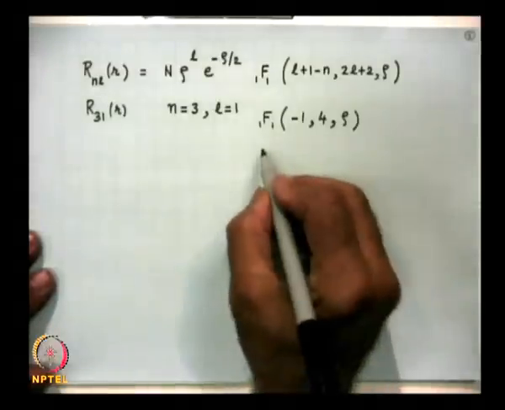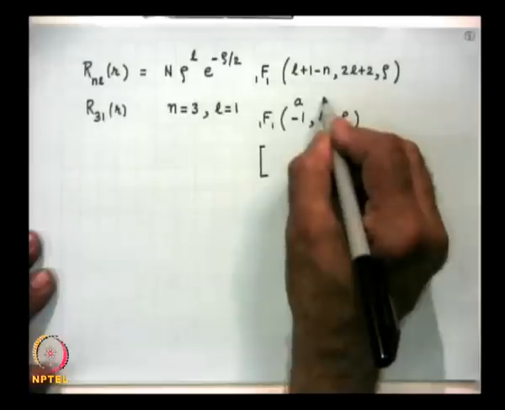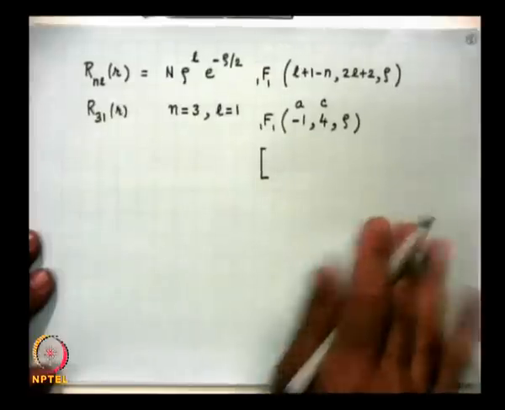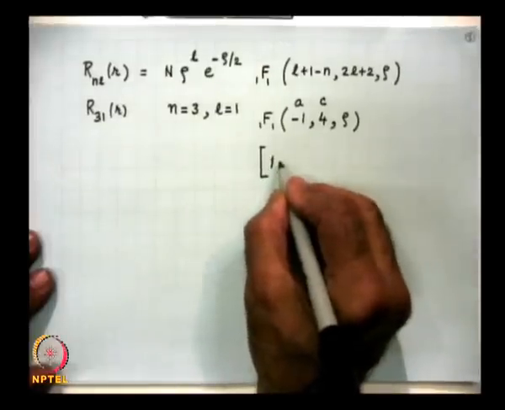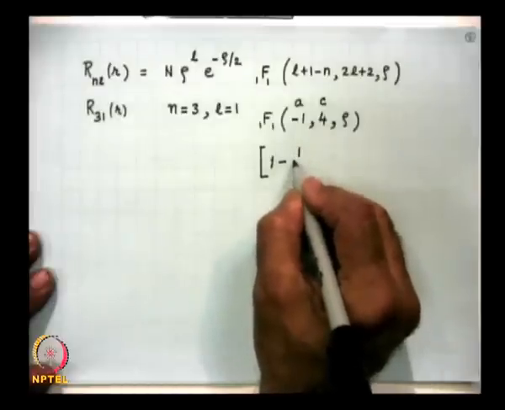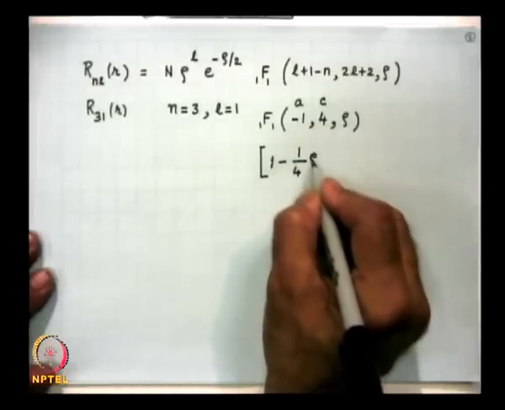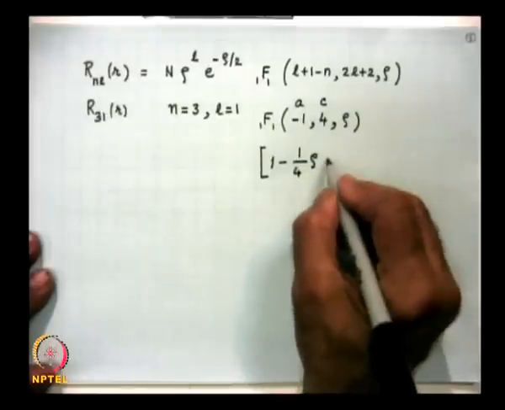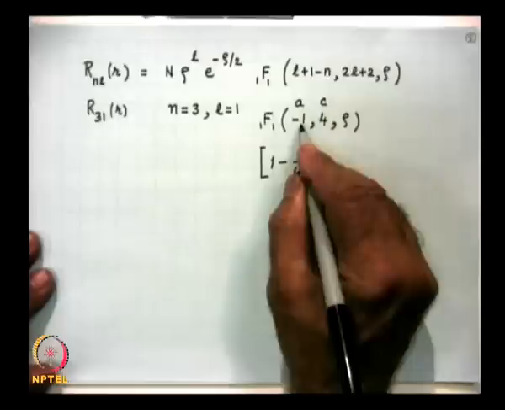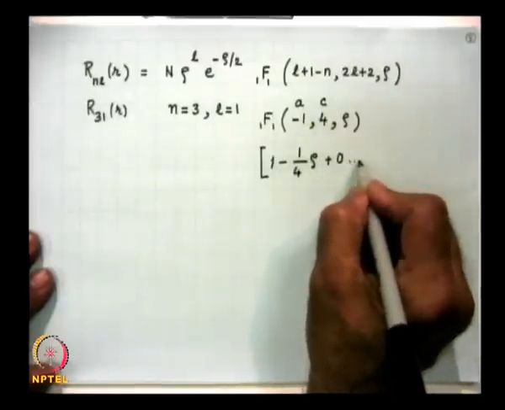So, as you know, this is the value of A and this is the value of C. The confluent hypergeometric series, as you would remember, is 1 plus A by C, that is A is minus 1 by 4 into 1 factorial, which is 1, times rho, plus A into A plus 1, but A plus 1 is 0. So, this and all other terms will be 0.